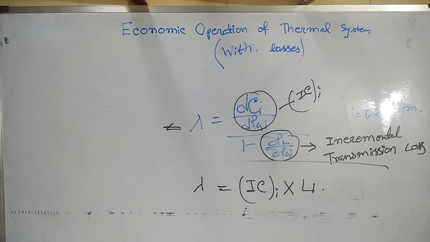If the generator limits are taken into account, then all generators which are not at or beyond their limits are operated such that incremental cost into penalty factor equals lambda. The generators which are at or beyond their limits are operated at their limits as in the lossless case.